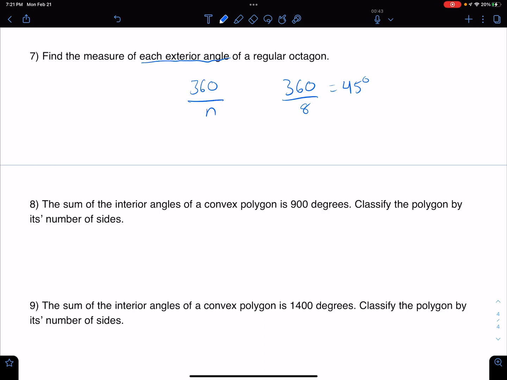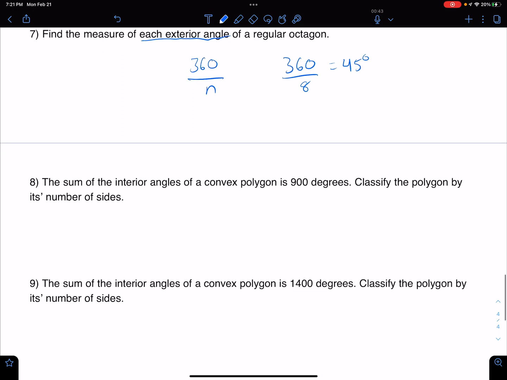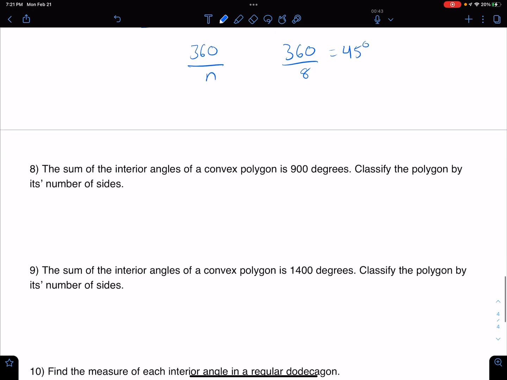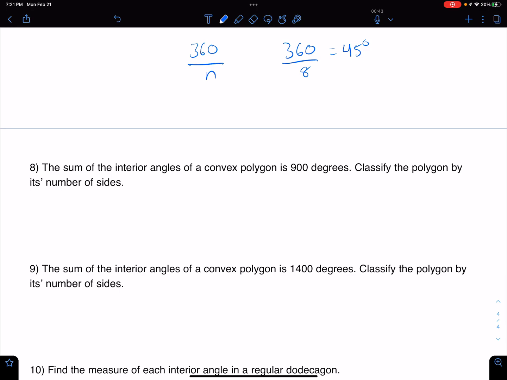Okay, 8 says the sum of the interior angles of a convex polygon is 900 degrees, right? So n minus 2 times 180 equals 900. I already know the degrees. Now I just have to figure out how many sides, and I have to classify it.